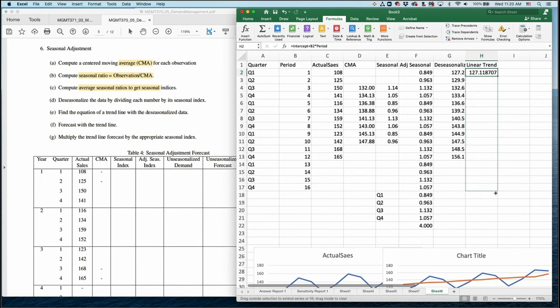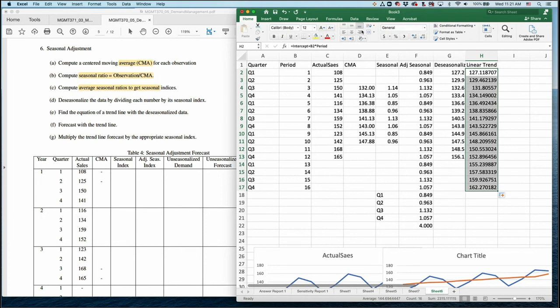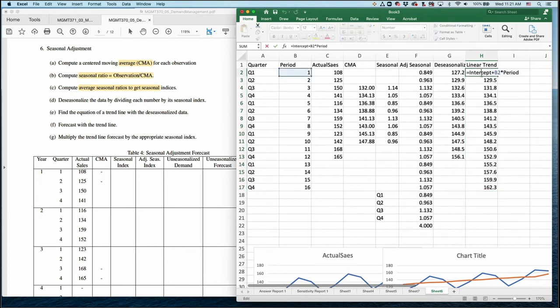Simply we use the linear trend equation, intercept A plus BX format. And finally, our final forecast should be, your linear trend is simply linear. There is no seasonal factor, so we multiply now. Again, we multiply by our seasonal factor.